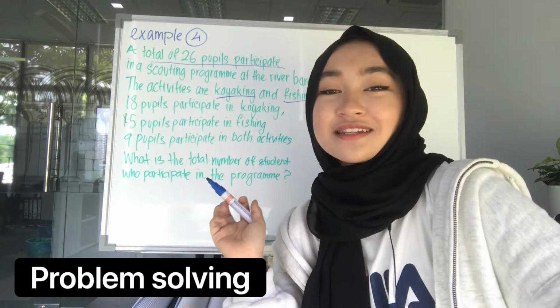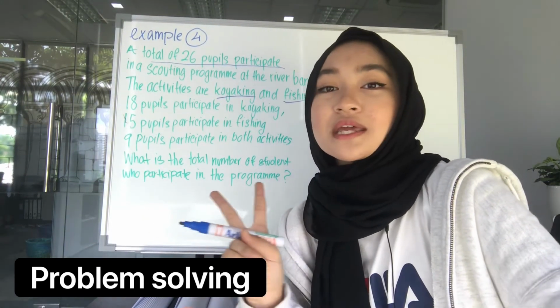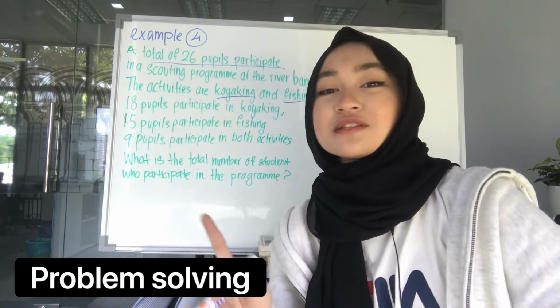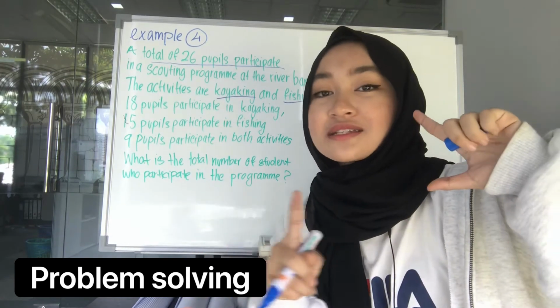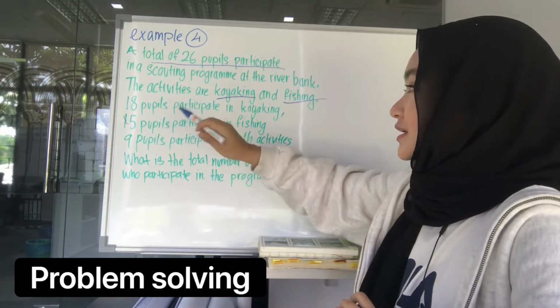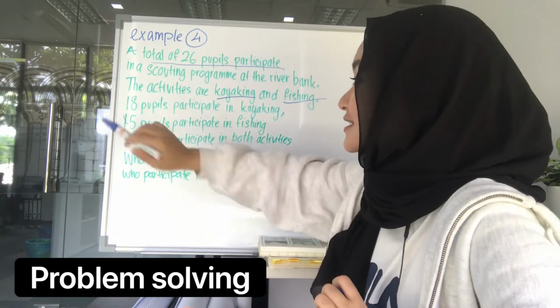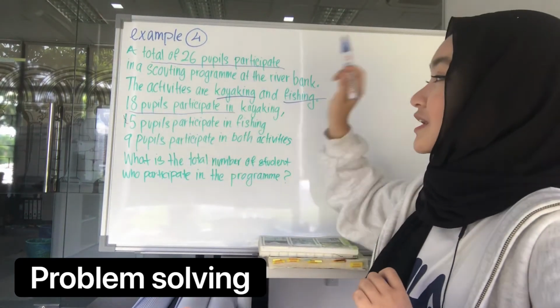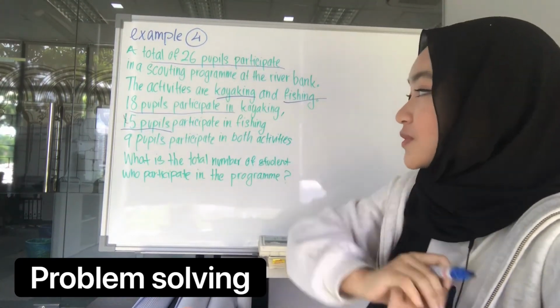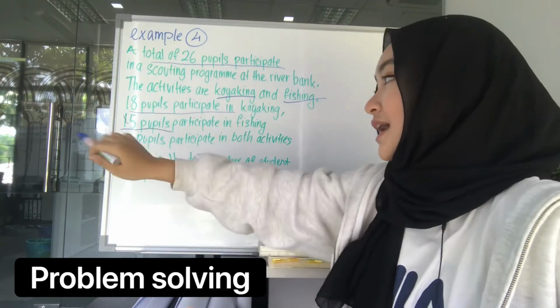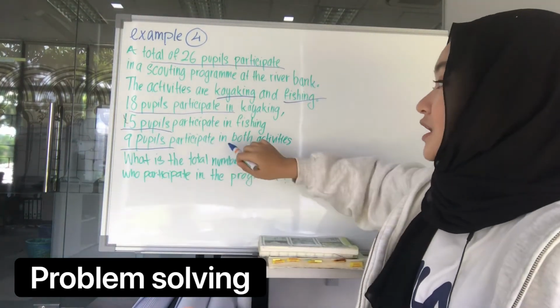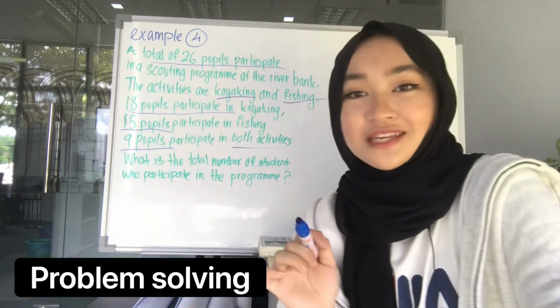That means there must be only 2 sets: the first set is kayaking, the second set is fishing. The next information is 18 people participate in kayaking, 15 people participate in fishing, and 9 people participate in both activities.